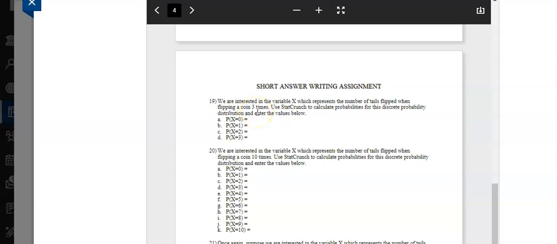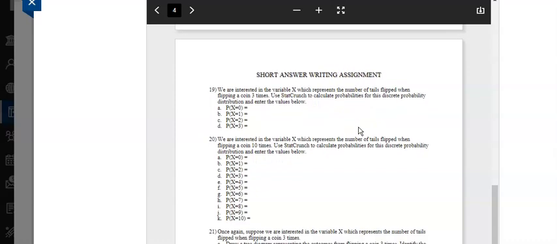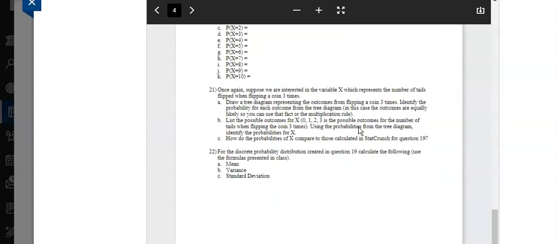So n is 3, and we are looking at the number of tails. Every time we flip a coin, we have a 0.5 probability of getting a tail, half basically. So, 3 coins, 0.5 probability.